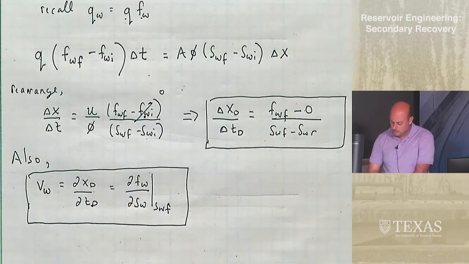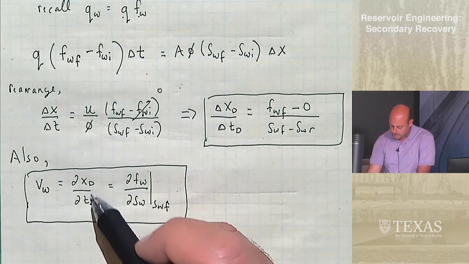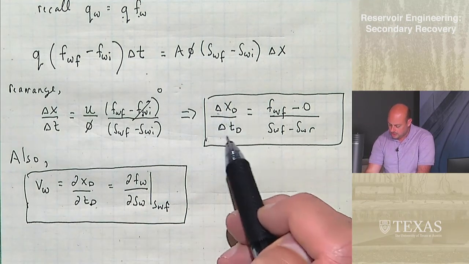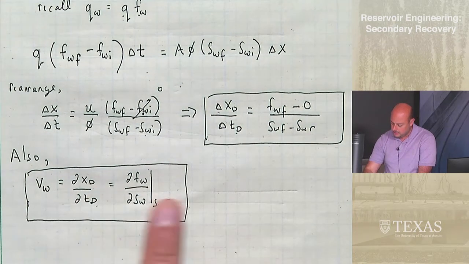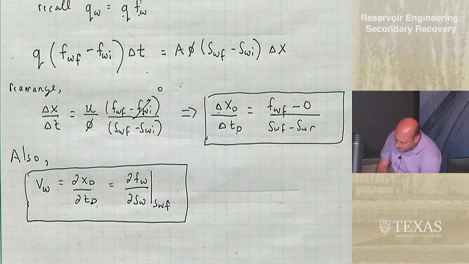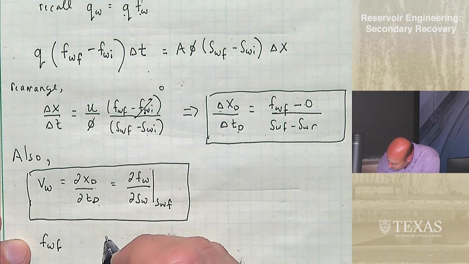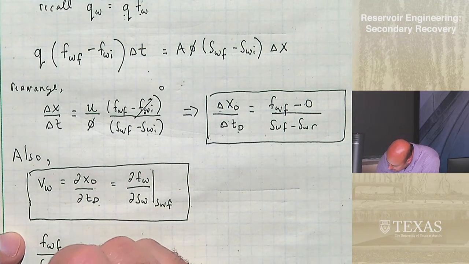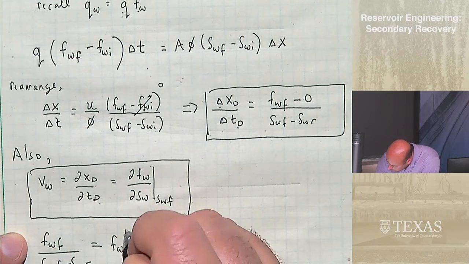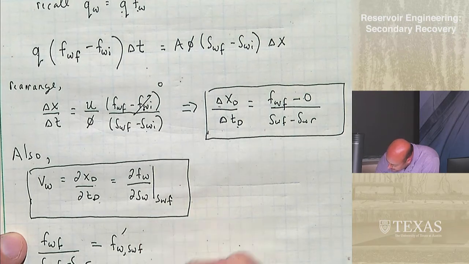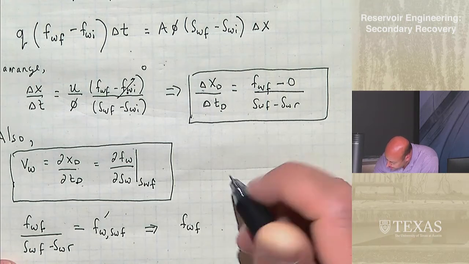If I compare these two equations, they look very similar. This is a partial derivative of XD with respect to TD. This is a change in XD over delta TD, but in the limit that delta TD is really small, this is equal to this. And so what that means is that FWF over SWF minus SWR is equal to FW prime at SWF.